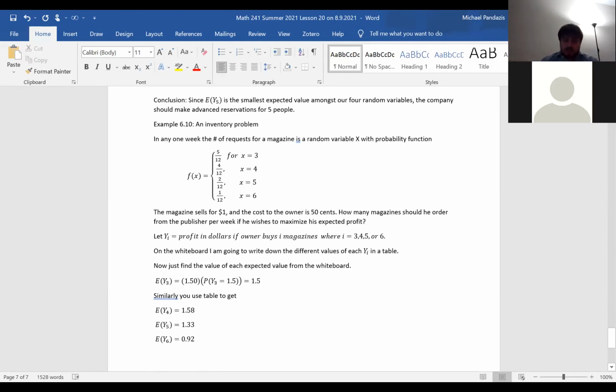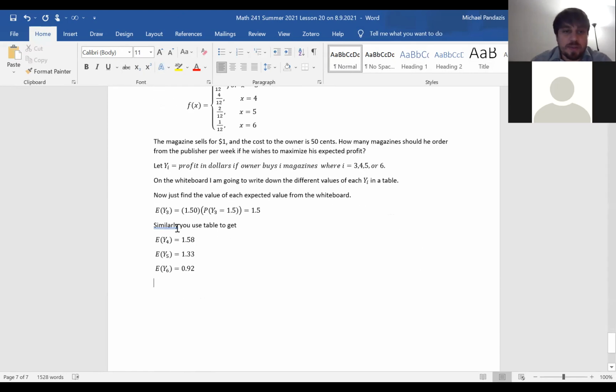And so how many magazines should you order if he wishes to maximize expected profit? You look at the largest expected value, and that's E of y sub 4.